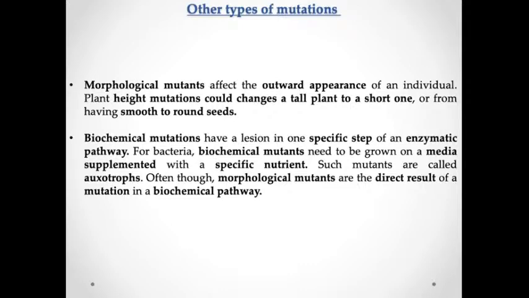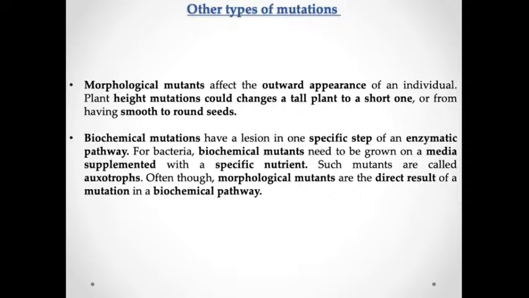Some other types of mutations now. Morphological mutants are the ones that affect the outward appearance of individuals, like plant height mutations, changes from tall to short, or from smooth to round seeds. Then there are biochemical mutations, which have lesions in one specific enzymatic pathway. For example, in bacteria, biochemical mutants need to be grown on media supplemented with specific nutrients, and such mutants are called auxotrophs.